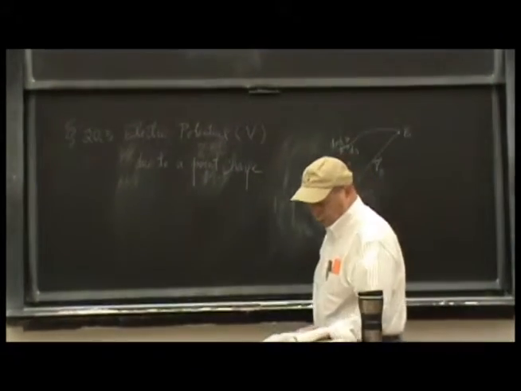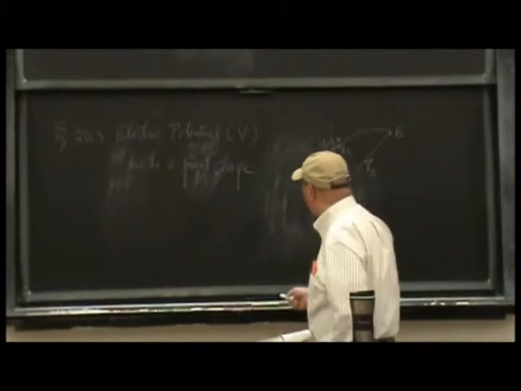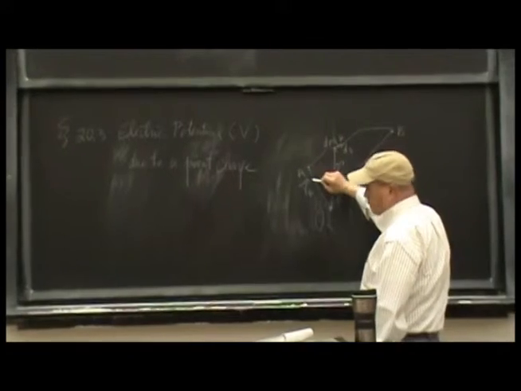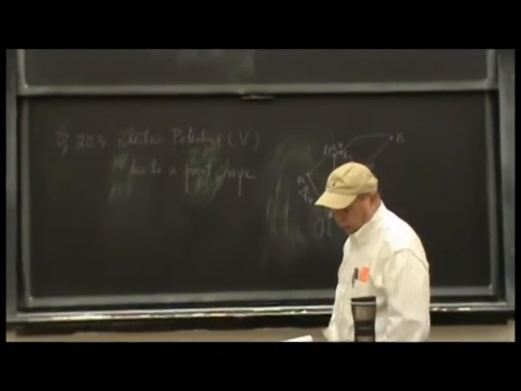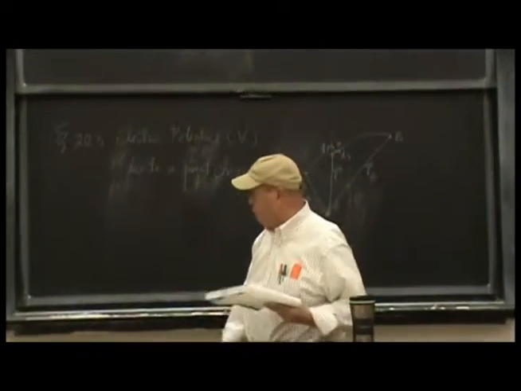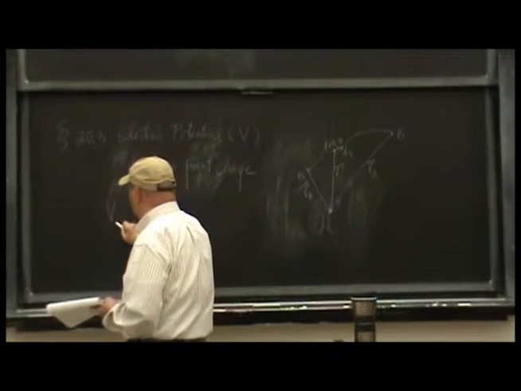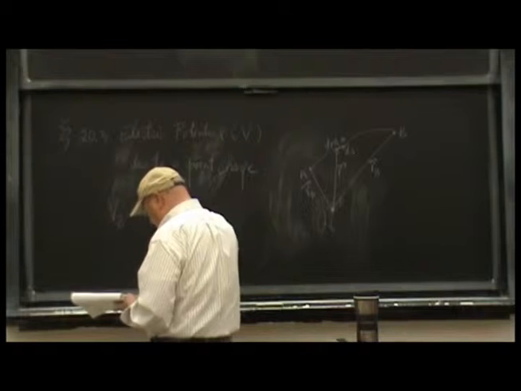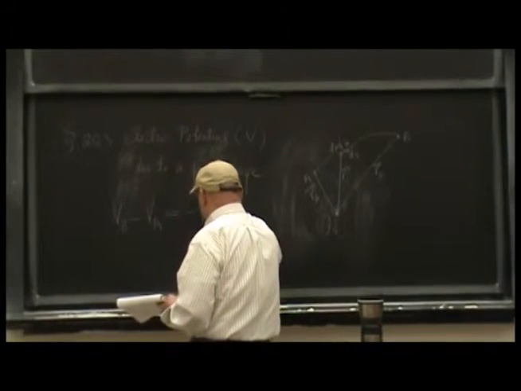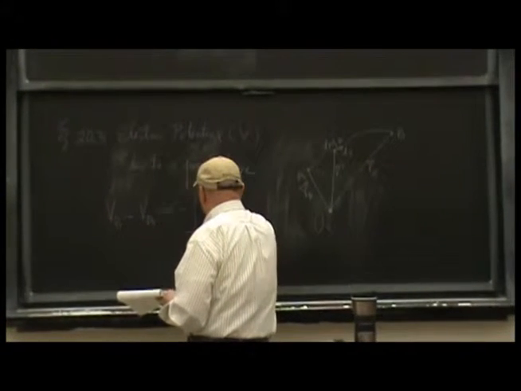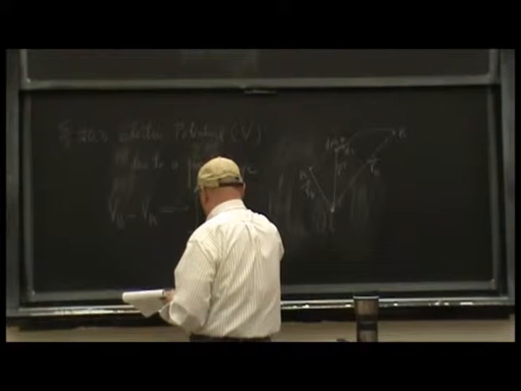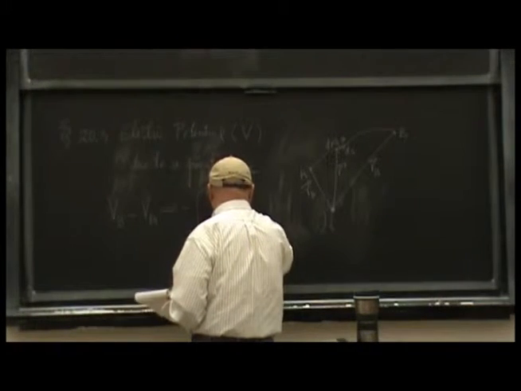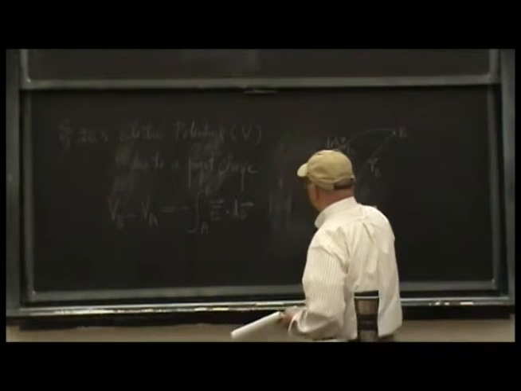So the voltage, or electric potential, from point A to point B, from the previous section, we write as V_B minus V_A equals minus the integral from A to B of E dot ds.